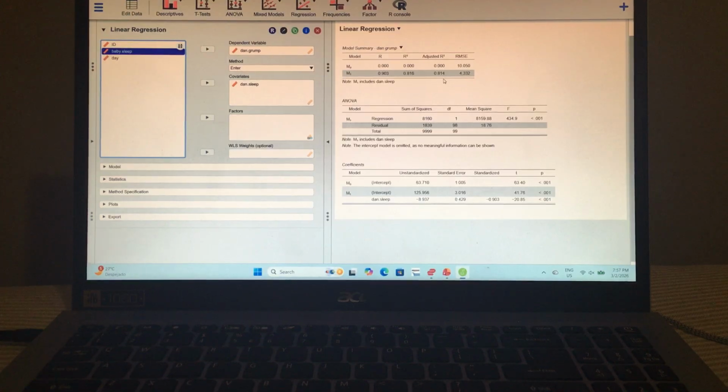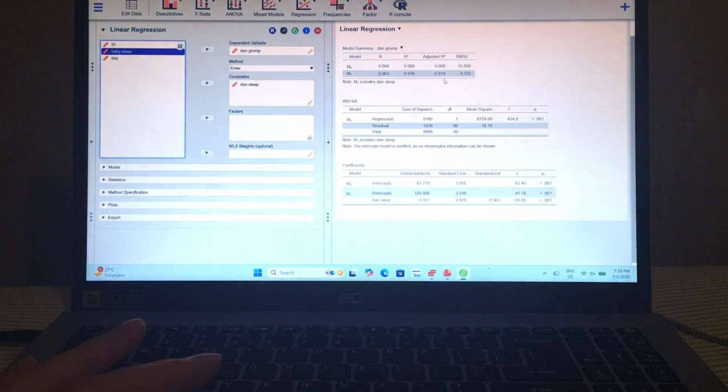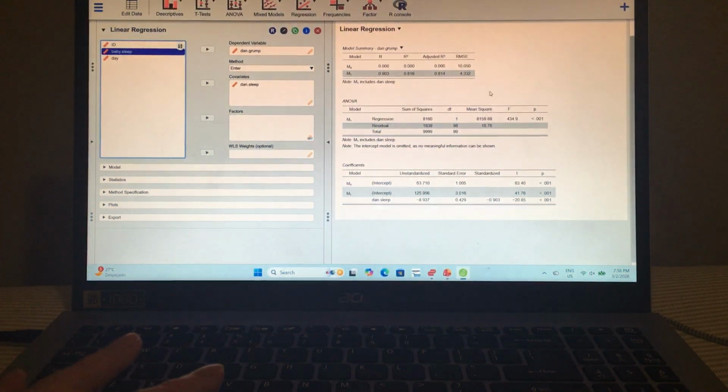A regression model is tested using an F-test statistic and the F-distribution. The F-distribution is always positive. You'll see that the F-test statistic here is positive, 34.9.